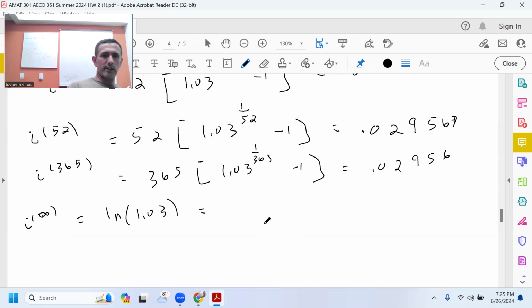That's not correct. It's a limit. It's like a Calc 2 limit. You don't need to know the L'Hopital's rule trick to do the limit. You just need to know the formula that the limit becomes ln of 1.03. Right, again, close to 3%.